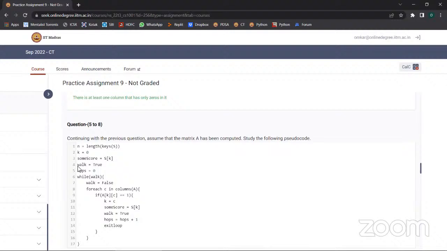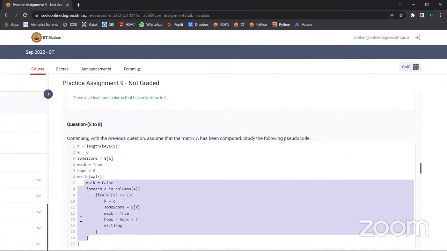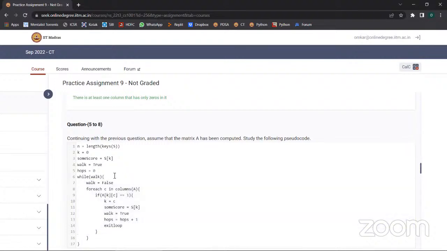Walk is some Boolean variable which is true. Hops is some integer variable which is 0. And while walk, as in while true, execute this. Till the point the variable walk is true, we are going to execute this again and again until this becomes false.